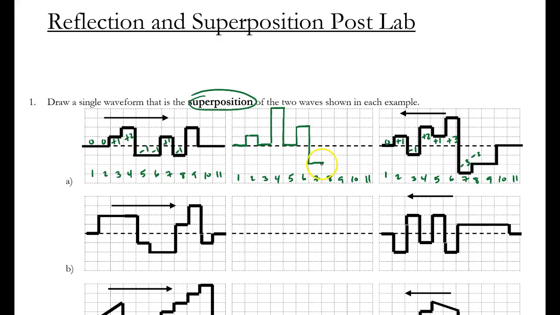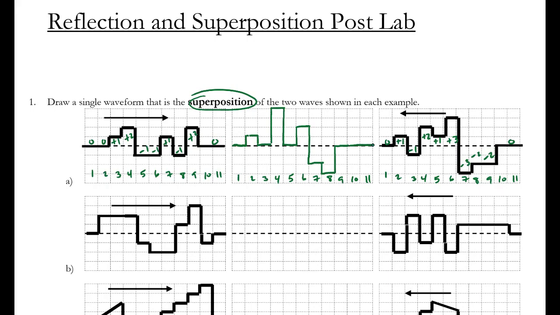So that goes down to -3. +2 on 9 and -2. It takes you back to 0. And the rest of that is just 0, right? On both sides. So there you have it. That's what the waves would look like when combined for that moment. You know, that moment when they're superimposed on top of each other.